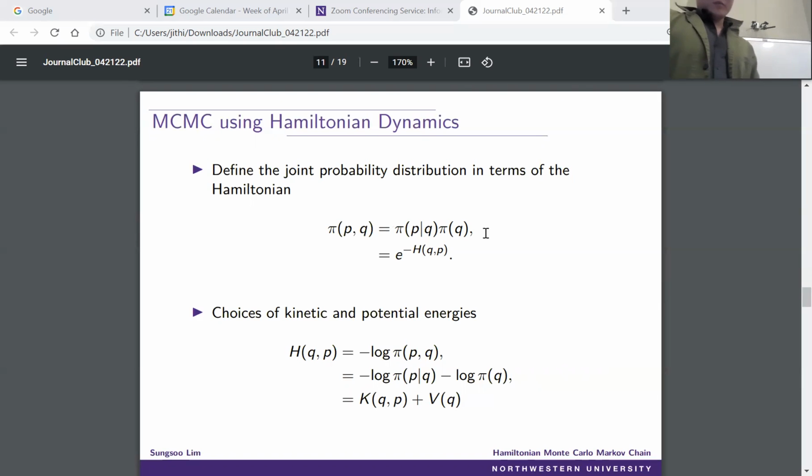When we look at the Hamiltonian itself, we can break it down further into the kinetic and potential energies, where the potential energy is essentially just the negative log of the target distribution that we're interested in, and the kinetic energy is the negative log of the conditional distribution. In practice, people do a lot of tuning to find what the exact form of that kinetic energy should be.